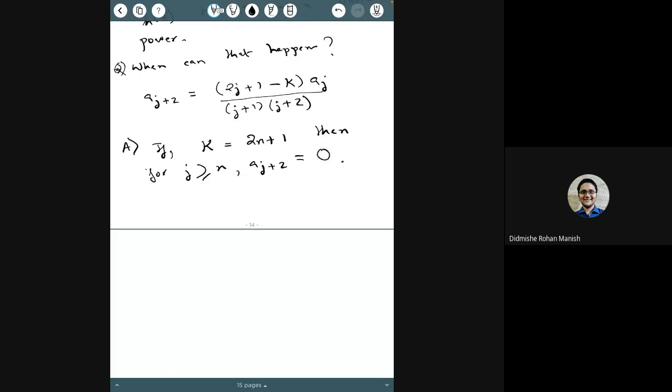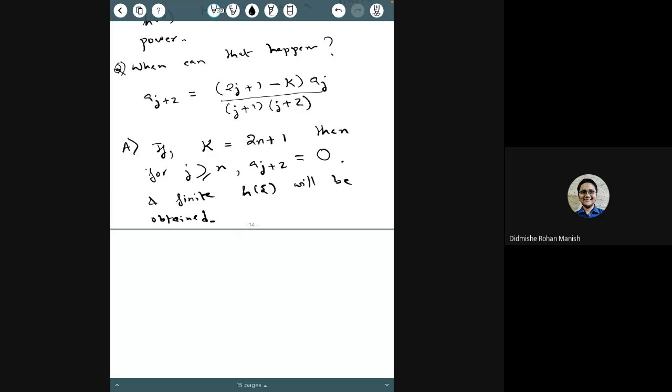Okay. So if k has the form 2n plus 1, then for all j's which are greater than or equal to n, the coefficients will be 0 and I will have a finite h psi obtained.